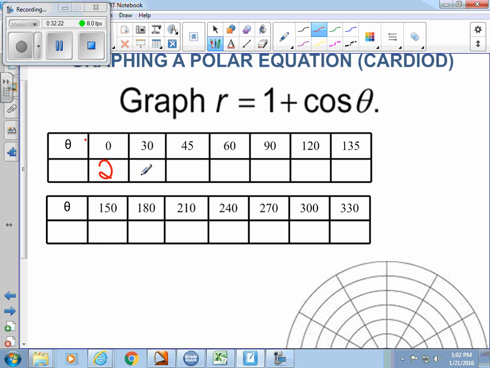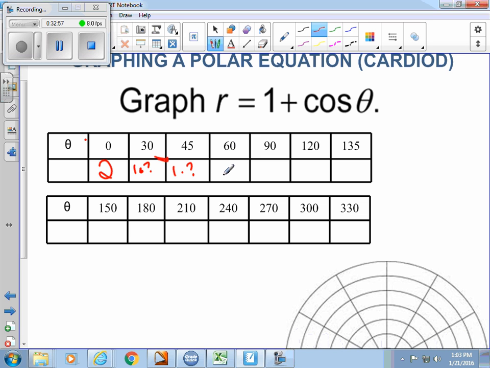Square root of 3 over 2 plus 1. I don't know exactly what that is, right? 1 point something. And I'm going to leave it like that. My graph doesn't have to be perfect, remember. I'm just getting a good idea. Cosine of 45 is radical 2 over 2. That's 1 point something, a little less. Would you agree? 1 point something again. A little less than that one, so I'm going down.